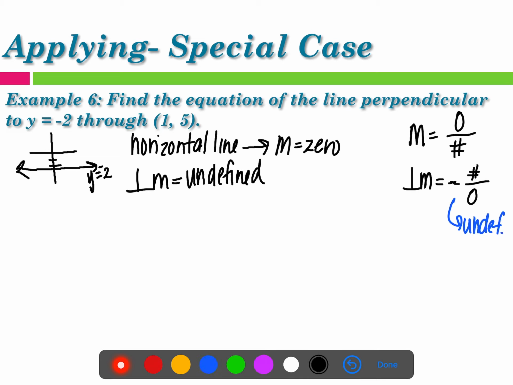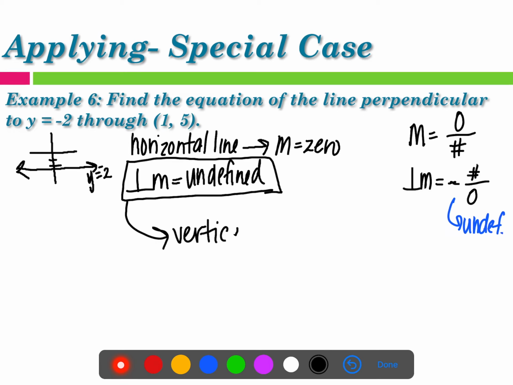So 0 and undefined go together. They are perpendicular slopes of each other. So now I know that I'm looking for an undefined slope. I need to know, well, what kind of line has an undefined slope? That's a vertical line, which we just saw is x equals a number.